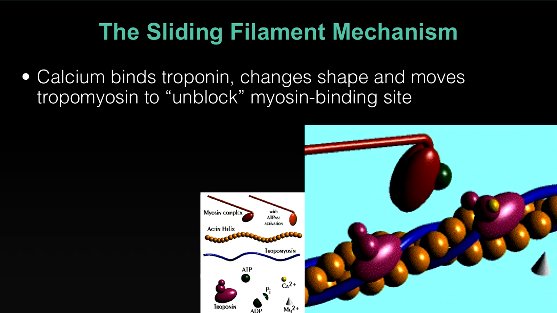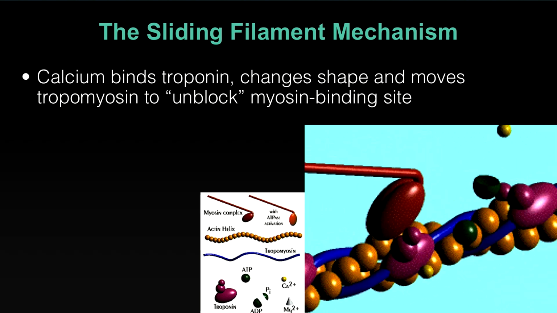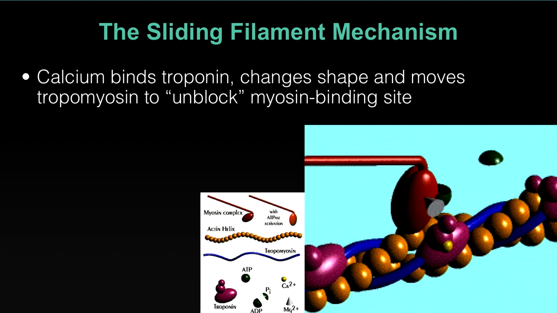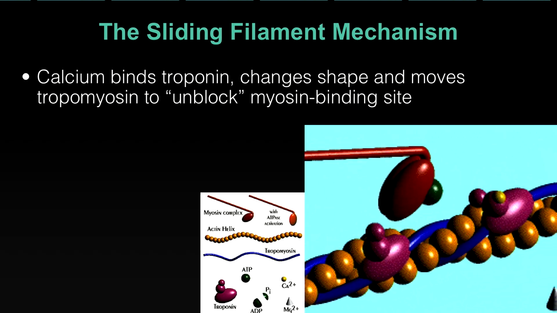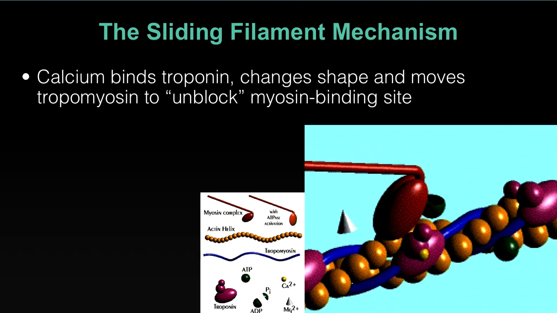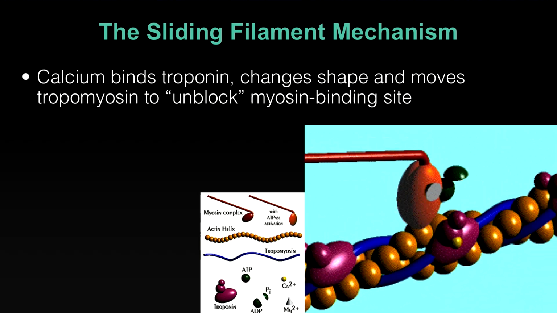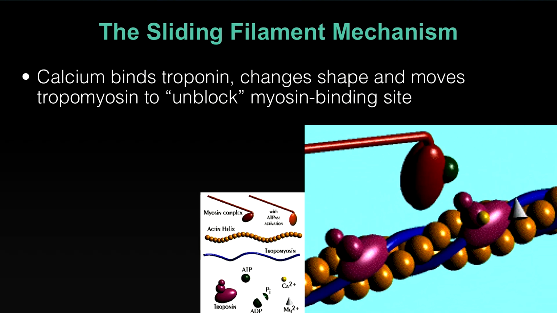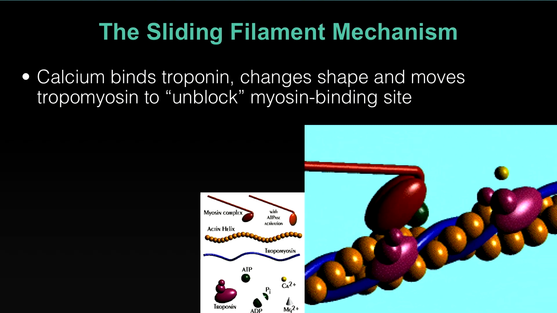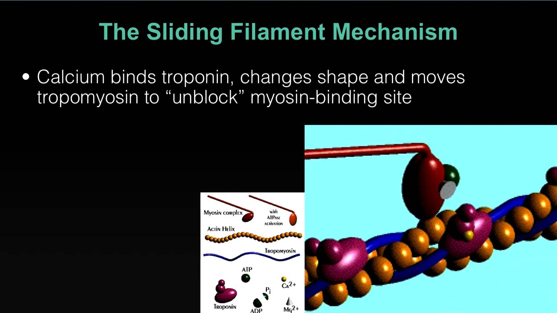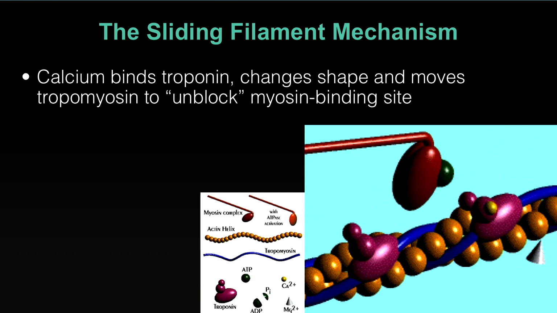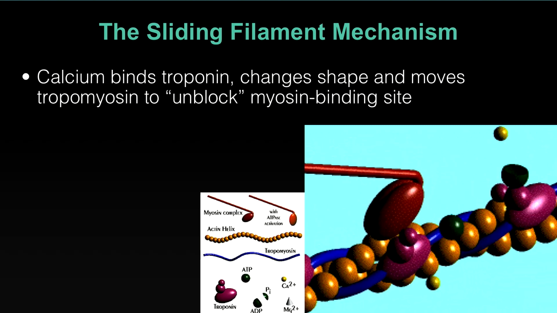So calcium binds to one of those regulatory proteins we talked about last week called troponin. Troponin is shown in this animation as the three purple balls in a protein attached together. And when calcium binds, it undergoes a conformational change.